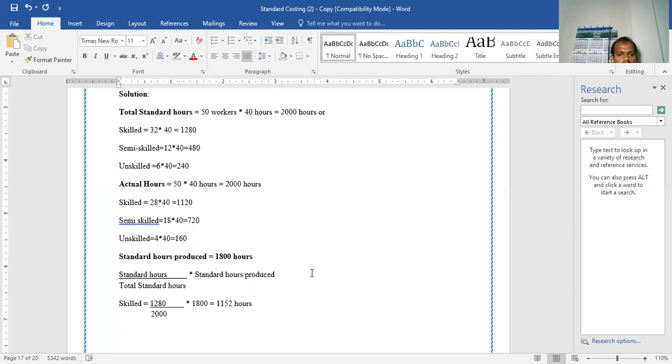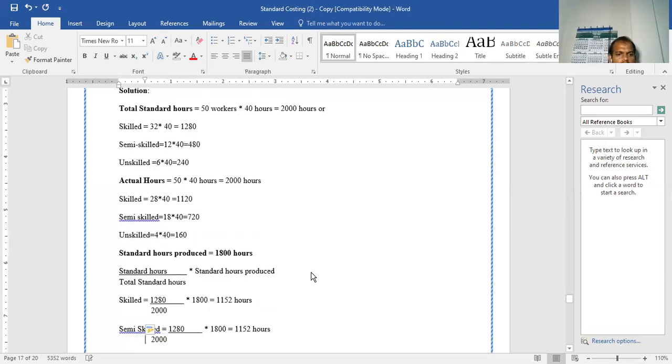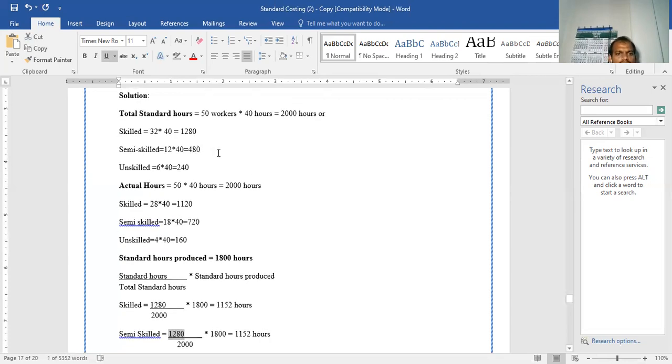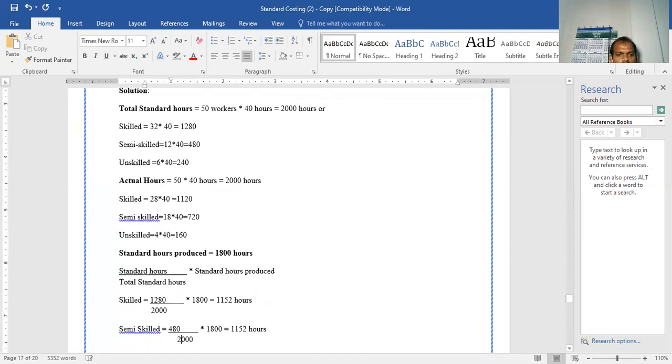Same type of calculation for the rest. Semi-skilled: standard hours 480 divided by total standard hours 2000 into standard hours produced 1800, so it will be 432.